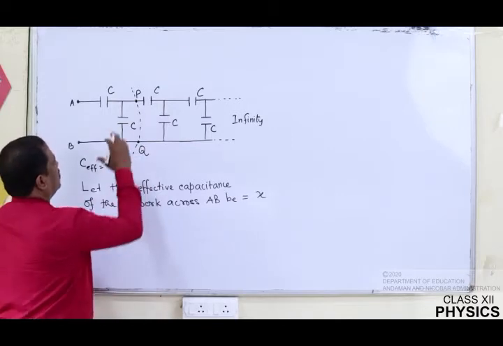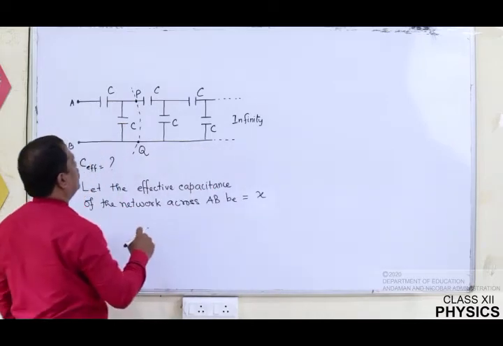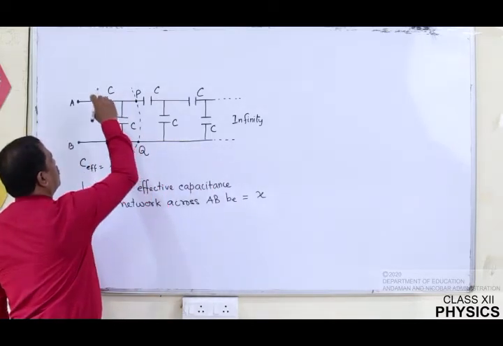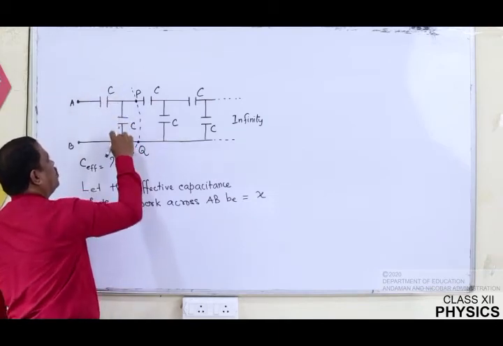Now when I look at the circuit, I can say that the entire network is actually made up of units. This capacitor and this capacitor together constitute one unit.